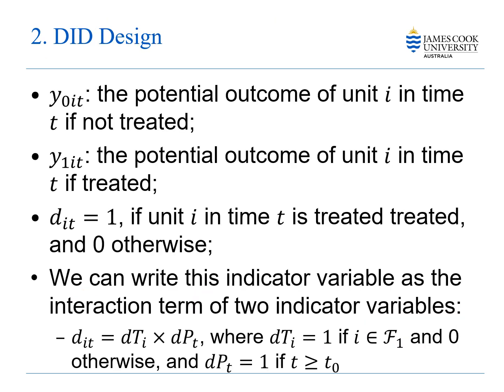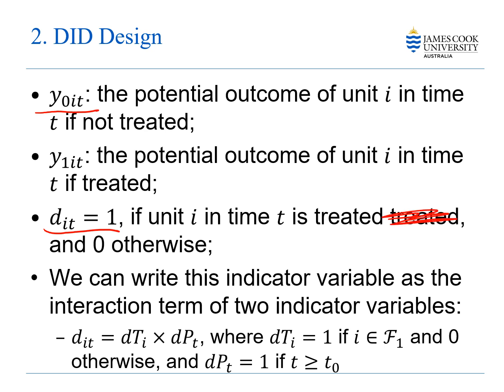For potential outcomes, we now have the subscript it, because we have a time dimension in the design. Y0it is the potential outcome of unit i in time t if not treated. Similarly, Y1it is the potential outcome of unit i in time t if treated. And dit is a dummy variable, 1 if unit i in time t is treated, and 0 if not.